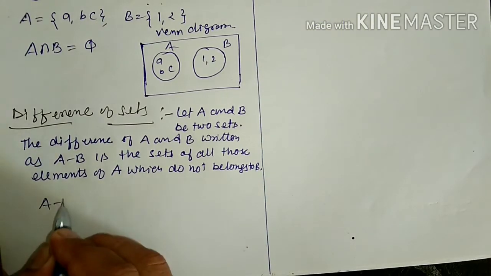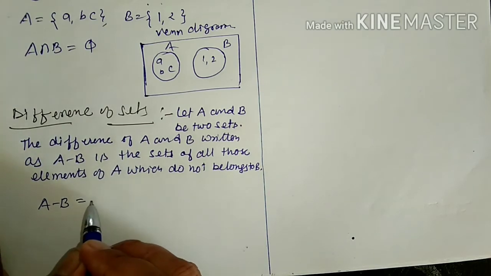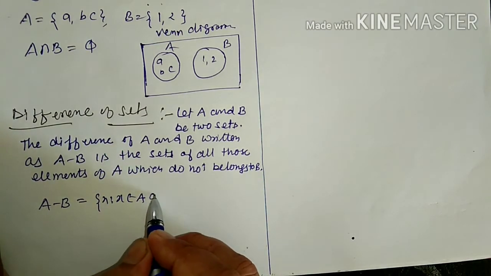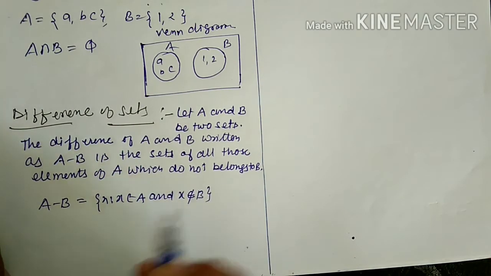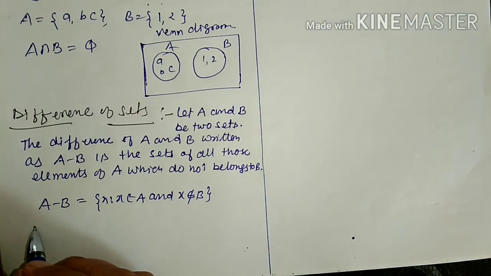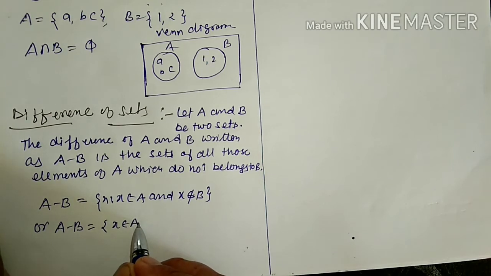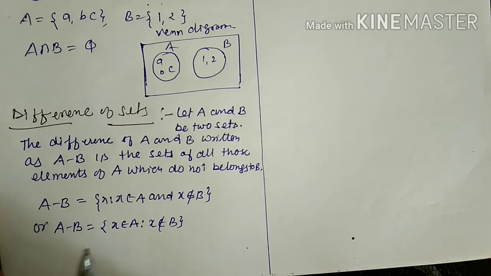A minus B, clear, is equal to x such that x belongs to A and x does not belong to B. Clear? Or A minus B, also we can say x belongs to A, clear, but x does not belong to B. So we can write one example.